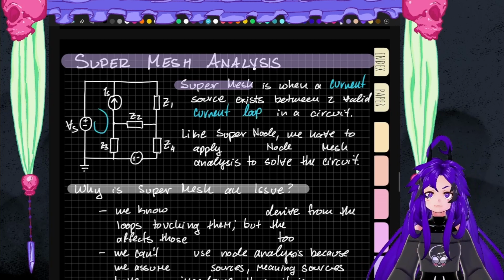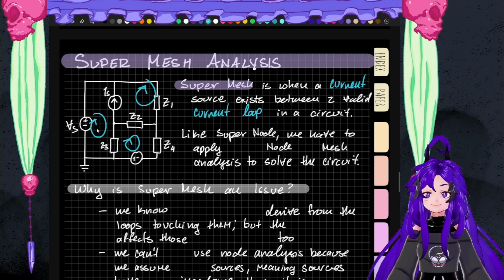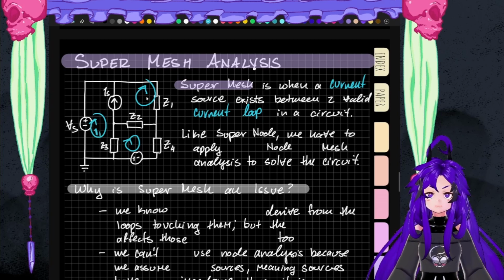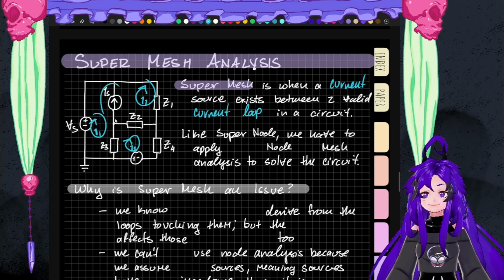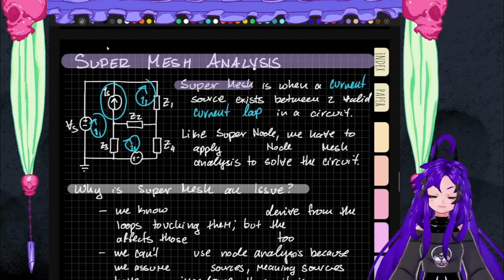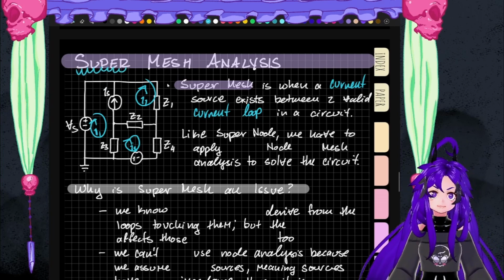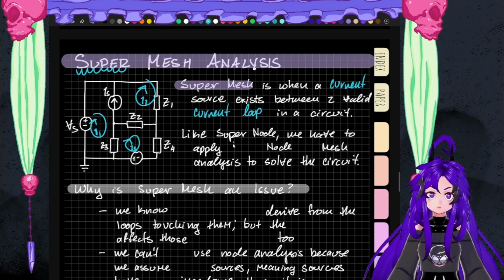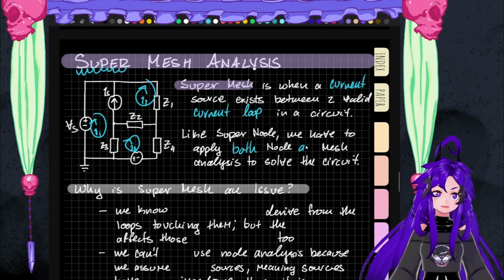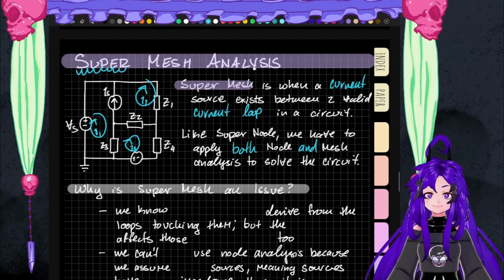Well, if I were to draw loops for all of these, here's I1, I2, and I3, and there's a current source between I1 and I2, so we're going to have to figure out what to do here. And hint, just like supernode, supermesh requires us to apply both node and mesh analysis.